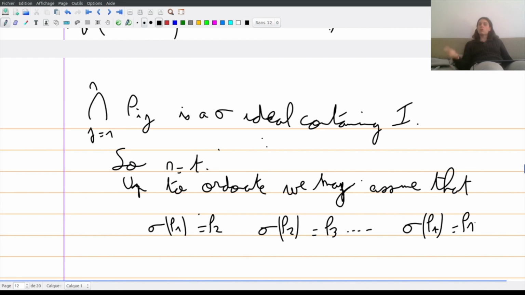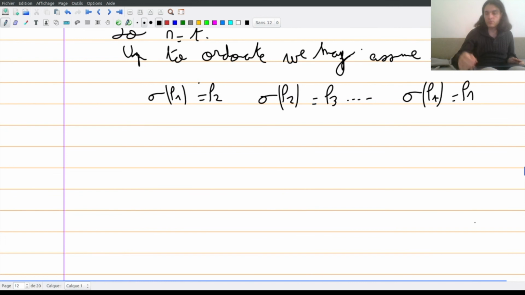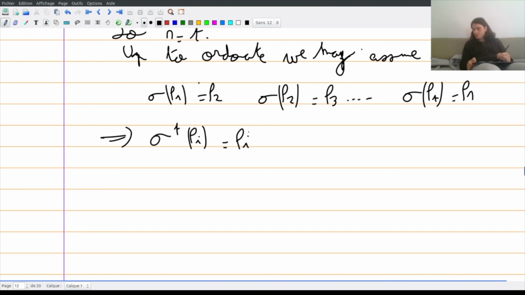So the structure comes from the fact that the maximal sigma ideal is the intersection of T prime ideals. And so in particular you have that sigma T of Pi equals Pi. So every Pi is a sigma T ideal.